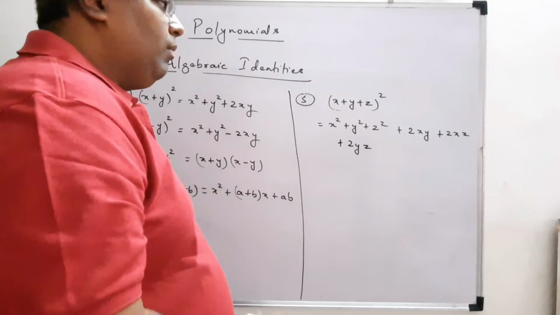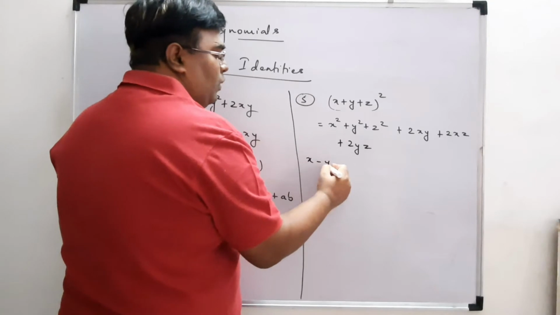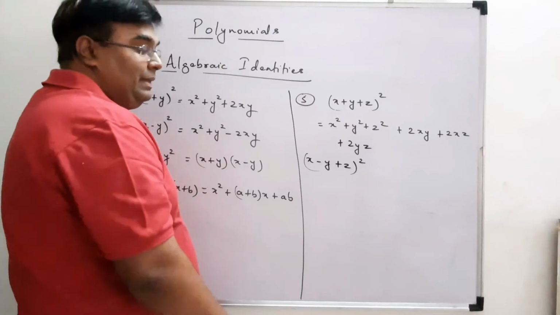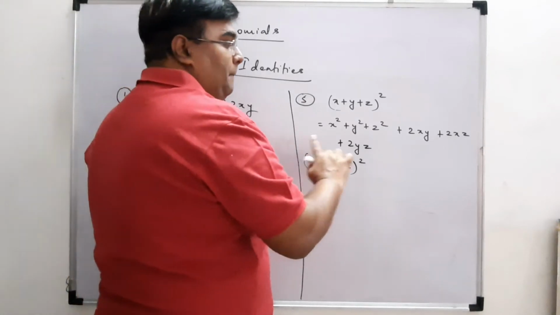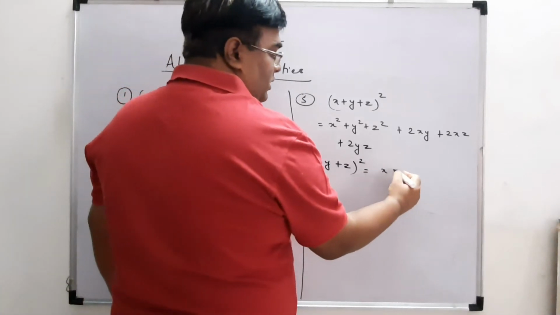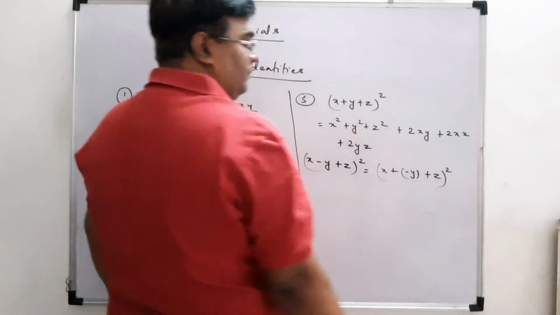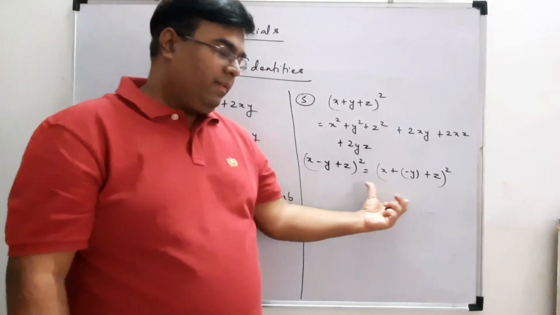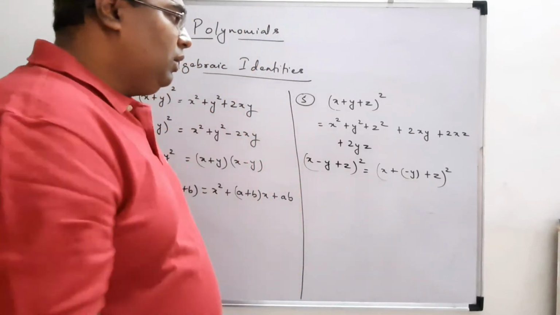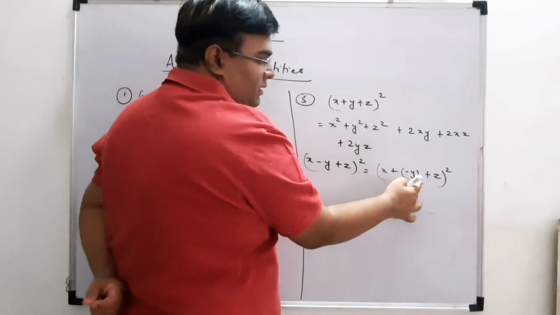Now the modification of this formula is, suppose we have (x − y + z)². Then what we have to do is just replace y by −y everywhere. So you can write it like x + (−y) + z, both are the same thing, right? What we have done is taking minus y into the bracket, adding plus outside. Now it is in the form of x + y + z. The only difference is, here it was y, here it is −y.